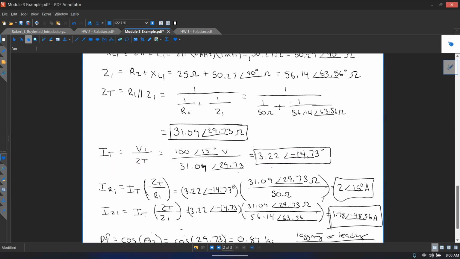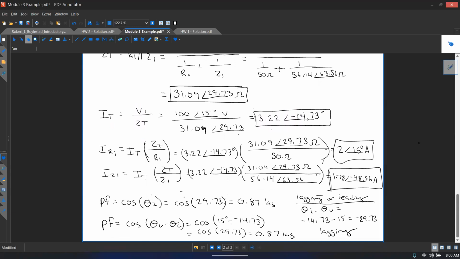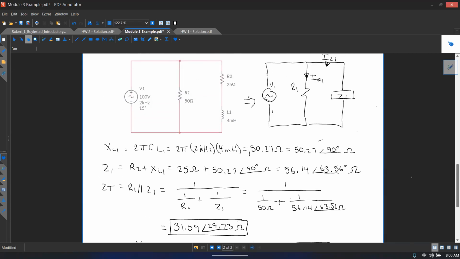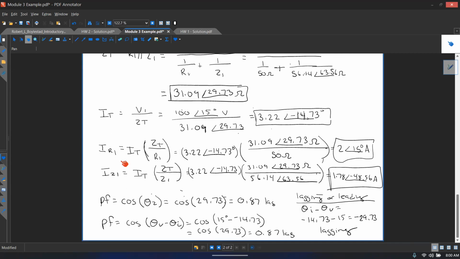And so here's your current divider formula right here. So IR1, which is the current through this R1 branch right here. You take your total current, multiply it times your total impedance, divided by your element of choice or impedance of choice.